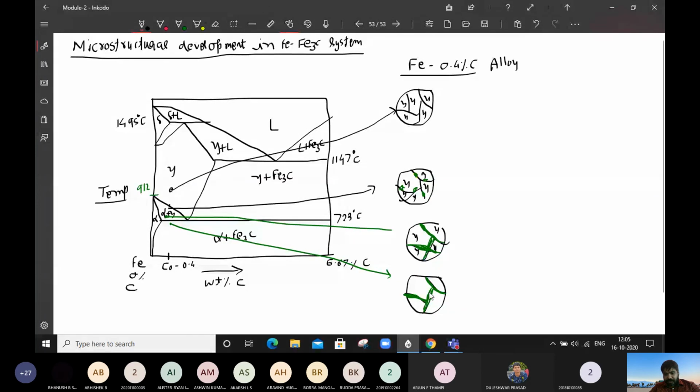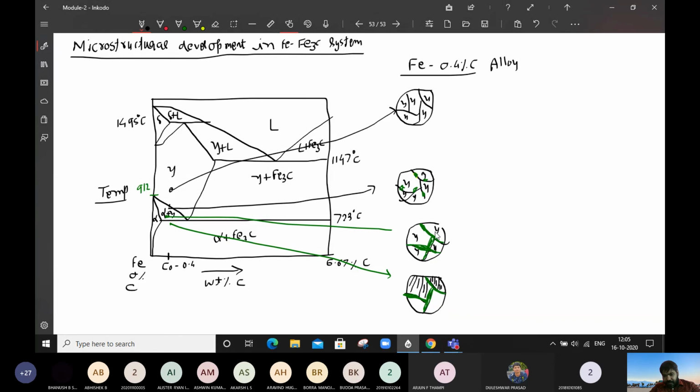Here we are having gamma, so all this gamma is going to convert into alpha and Fe3C. So like this. Here we are having alternate lamella of alpha plus Fe3C.